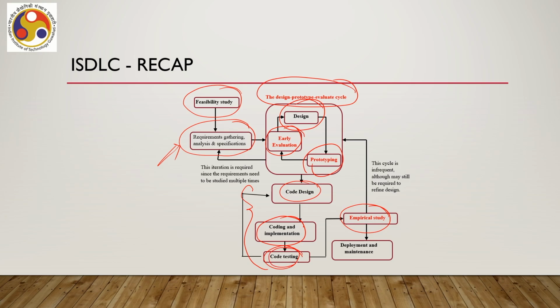After the code testing stage, we get a system that is executable. However, it does not say anything about a usable system, whereas through empirical study or empirical evaluation, we are going to ascertain whether the system is usable or not, and this stage is going to be discussed in this part of the lecture.